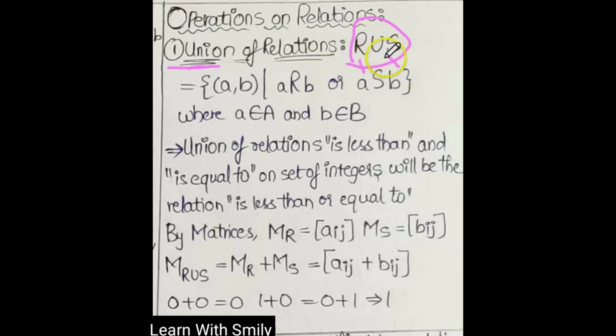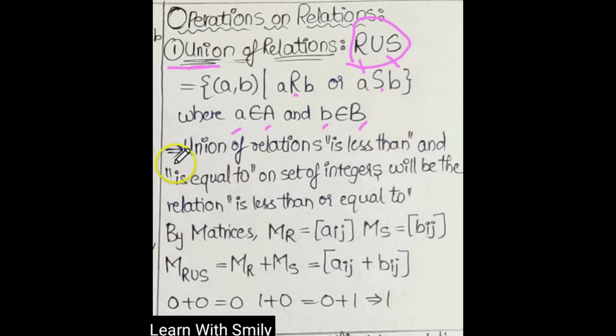So R union S equals (a, b), where a R b or a S b, where a belongs to set A and b belongs to set B. Here capital R and capital S are two different relations.